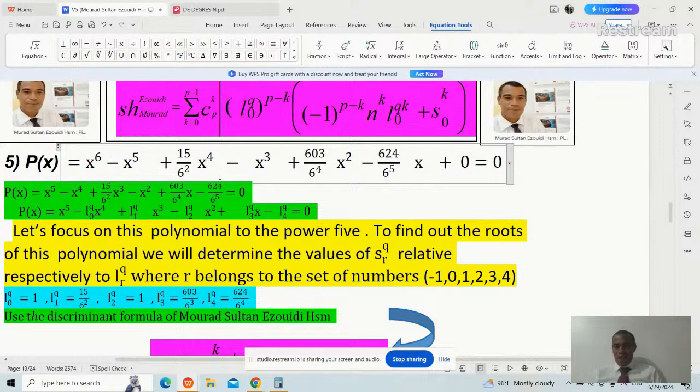We just multiply the given polynomial, this one, by x, you will get this. After that, we are going to find S0, S1, S2, S3, S4, S5, and find the roots of your polynomial. You see the intelligence of Mr. Mourad Sultan Ezouidi. Okay, we will first of all save this one.